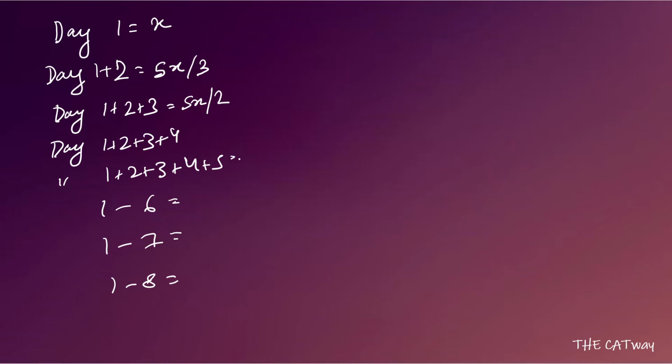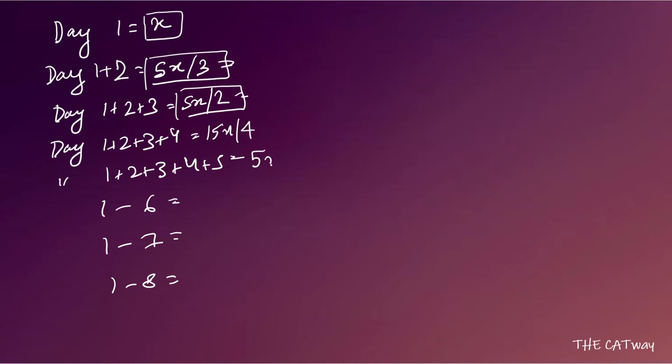Okay, this is what we have been given. For the first day it is x, for the first 2 days 5x by 3, for the first 3 days 5x by 2. For the first 4 days the total will be 15x by 4. For the first 5 days it would be 5x.